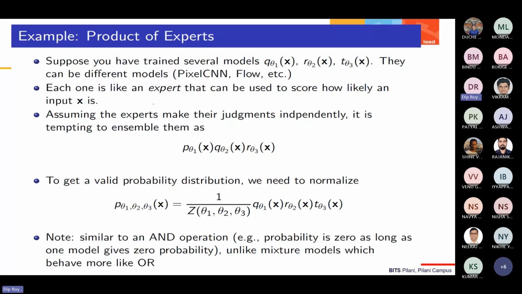Each one is like an expert that can be used to score how likely an input is. Assuming the experts make their judgments independently, it is tempting to ensemble them in this particular manner. But to get a valid probability distribution, we'll have to do this.